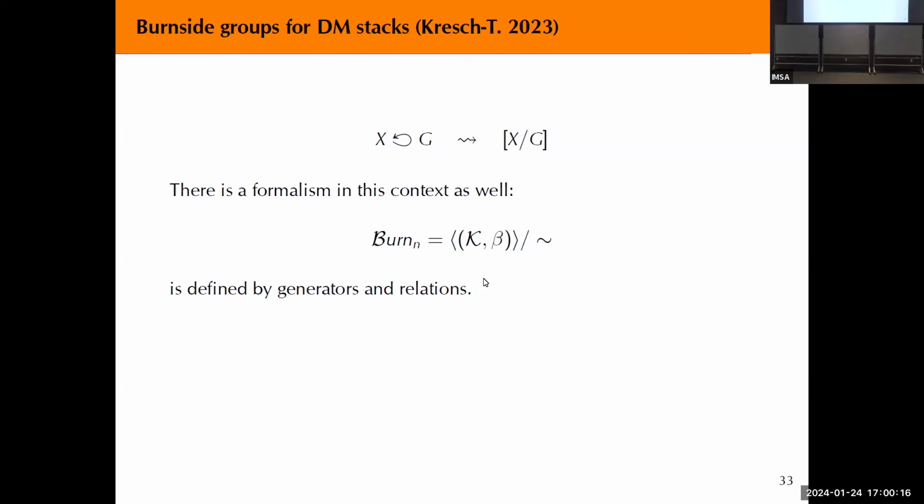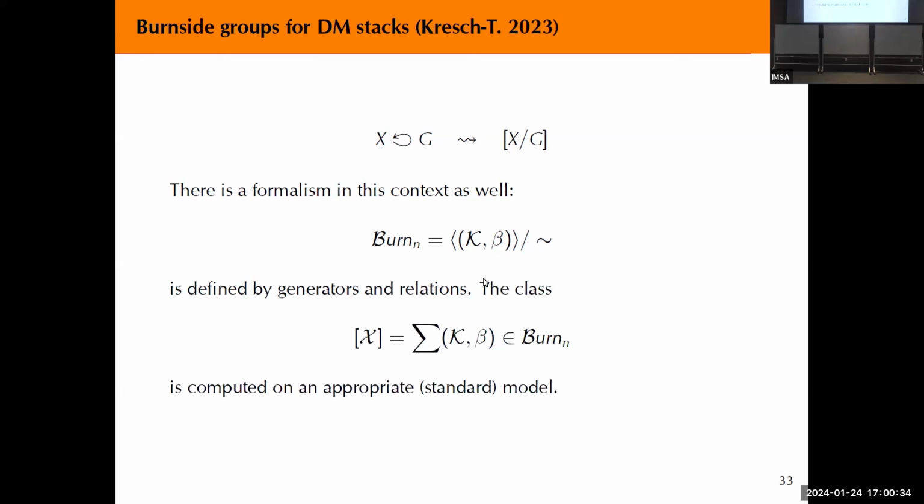Well, what would that be? Well, we define a group of birational classes of stacks, so of course, up to stabilization with different Deligne-Mumford stacks. And we did define something like this by generators and relations. And then you compute the class the way we were computing the class in presence of G actions.